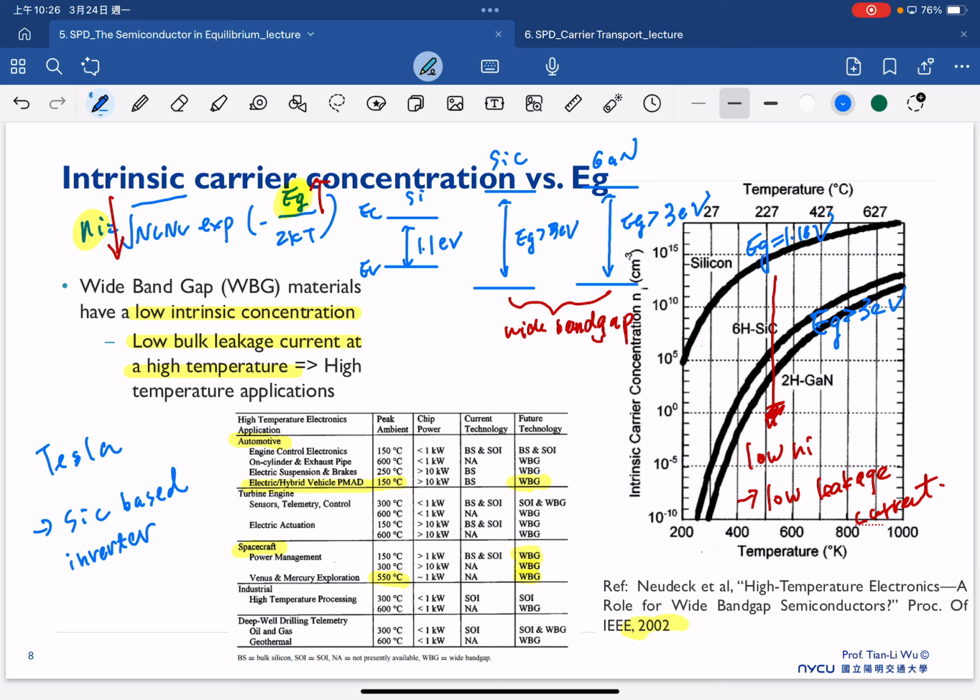So this also suggests that this is a literature published in 2002. That's almost 20 years ago. So there was already the prediction 20 years ago that the electrical vehicle needs to use this very advanced wide bandgap semiconductor.